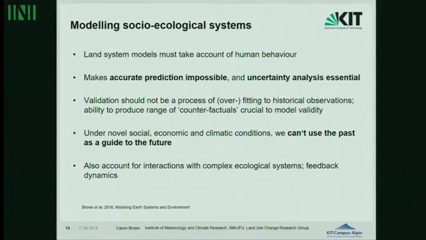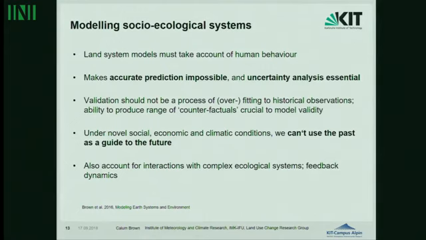So these and many other examples suggest that it's really important we recognize the social, human, behavioral nature of the land system when we try and understand or manage or model it. And in recognizing that, we also have to recognize that accurate prediction is impossible and that we have to explore our uncertainty about the system very rigorously.